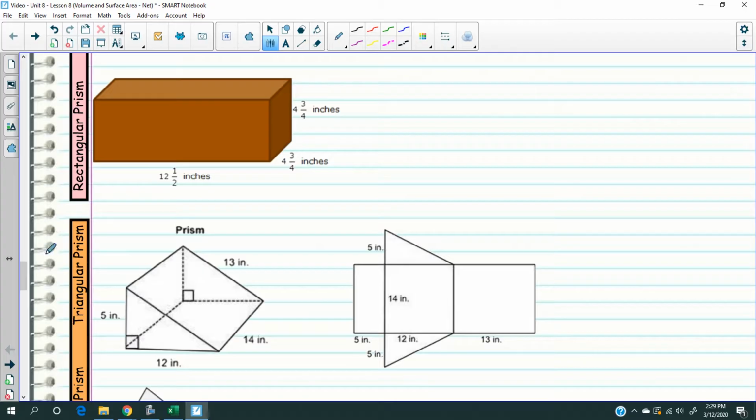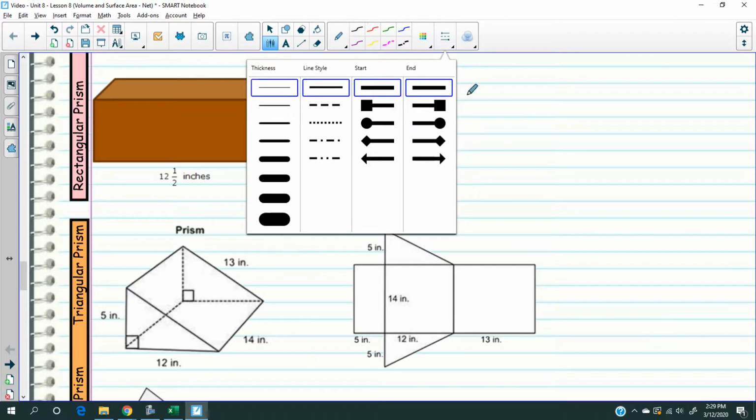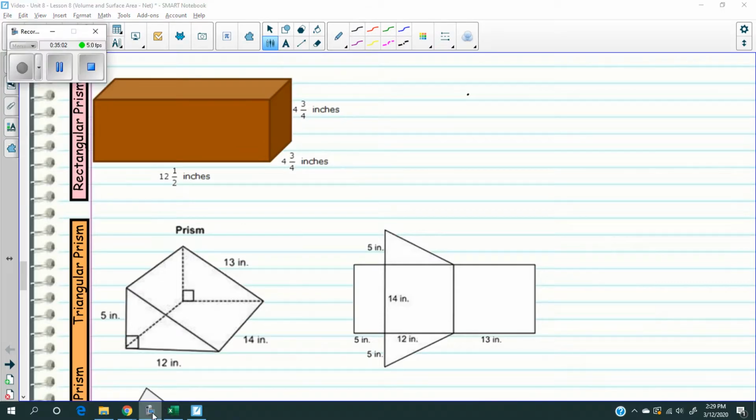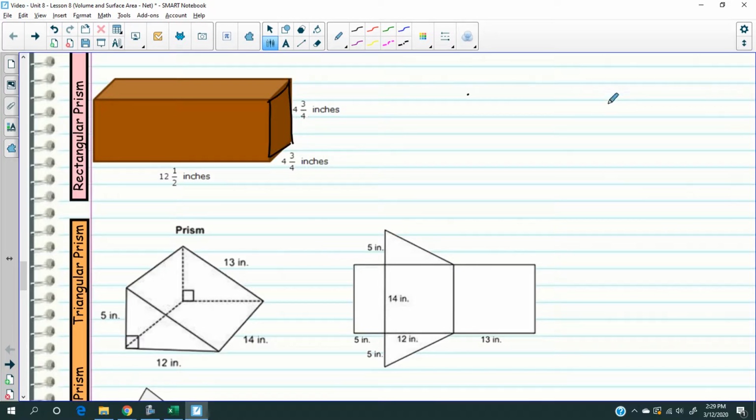Okay, so here I'm gonna lay this out. Let me check the time. Wow, 35 minutes. All right, I'm gonna do the flaps on the side first. So I'm gonna lay it out like this, horizontally.